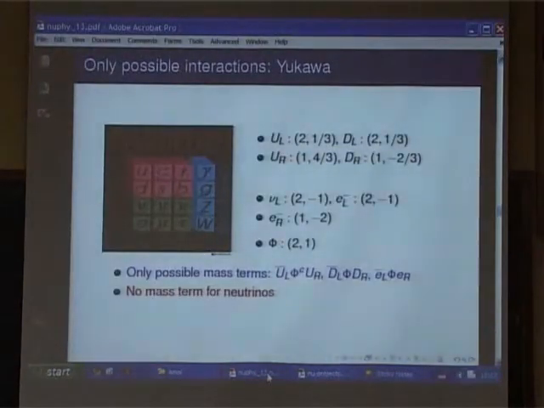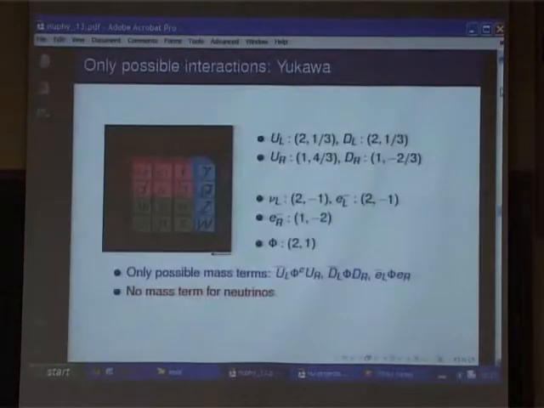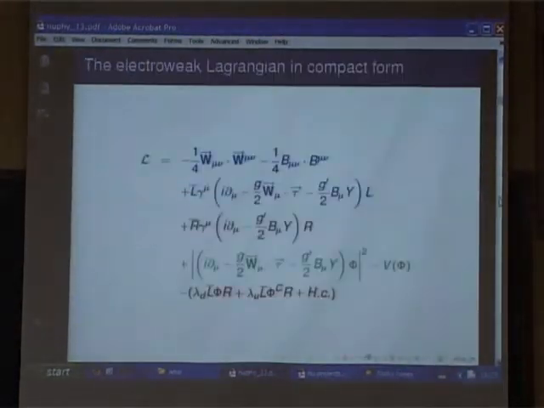So all these terms are usually written as, let me go back to the direction that we had. Look at this term: lambda L bar phi R. L is the doublet part, R is the singlet part of the same field as phi.